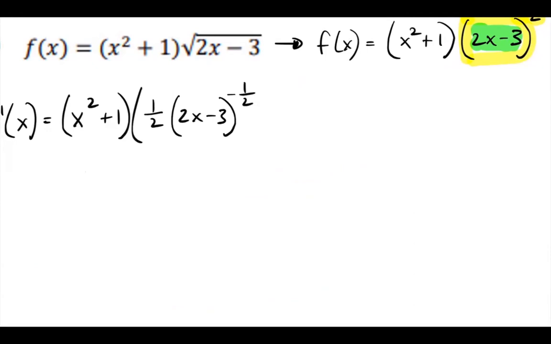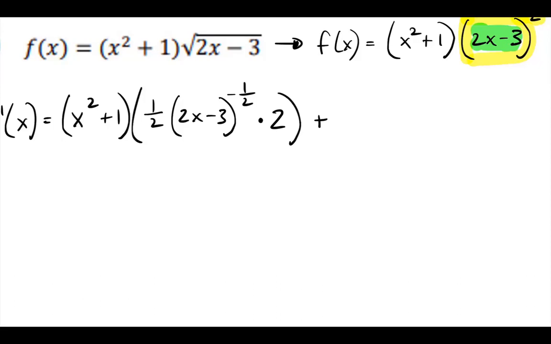Subtract 1 from the power, so it's negative 1/2. Got a chain. What do I do now? Now I have to find the derivative of the green. What's the derivative of the green? 2. Done with that part.